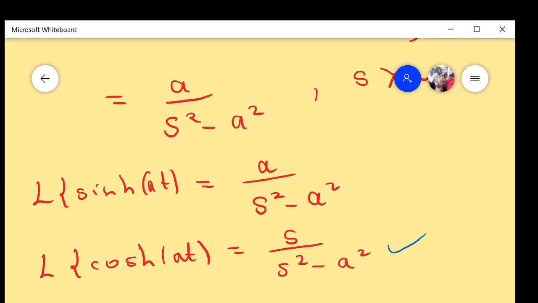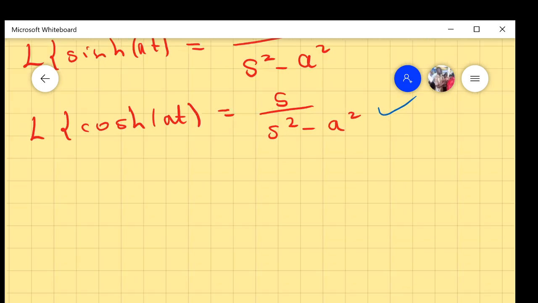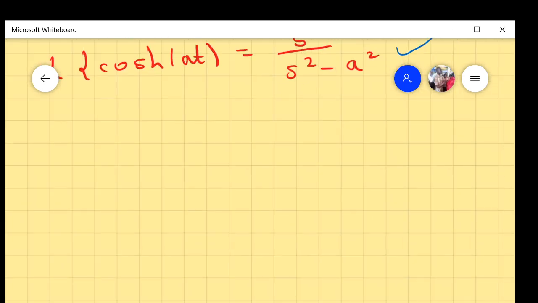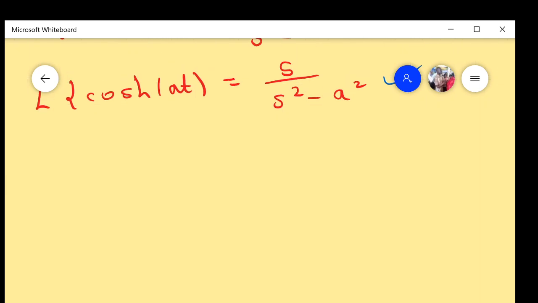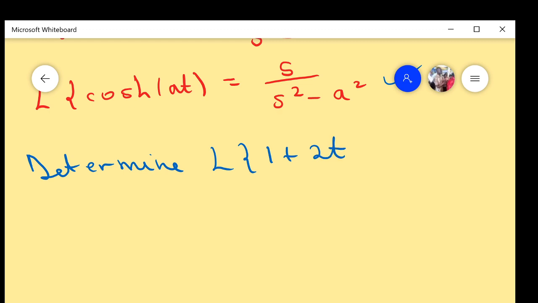Now let's take examples of functions. Let's say you are asked to determine the Laplace transform of 1 plus 2t minus 1 over 3 t raised to the power 4. How do I go about it?